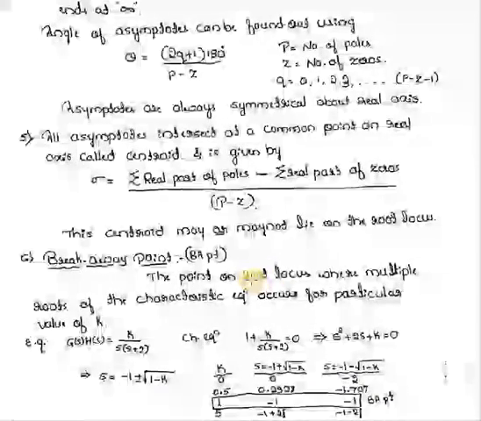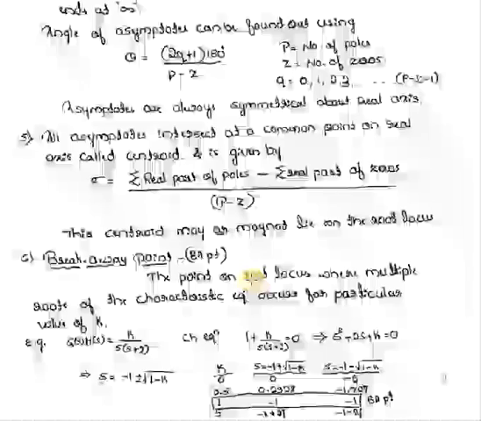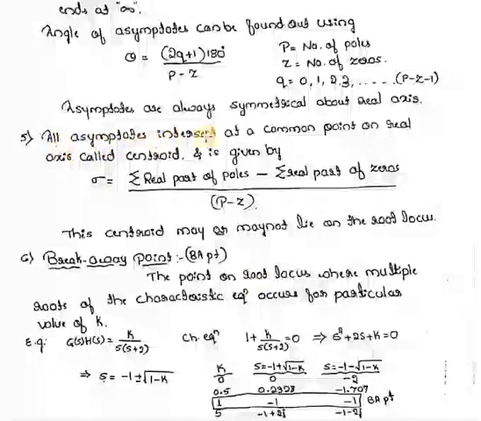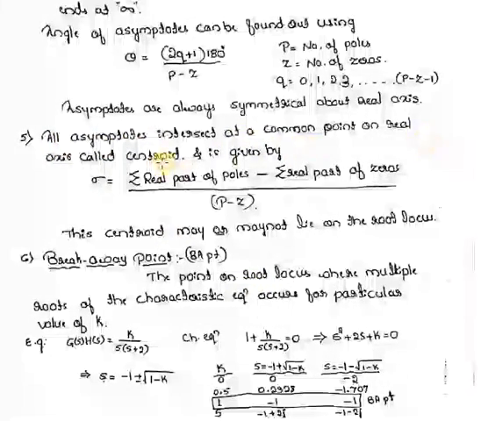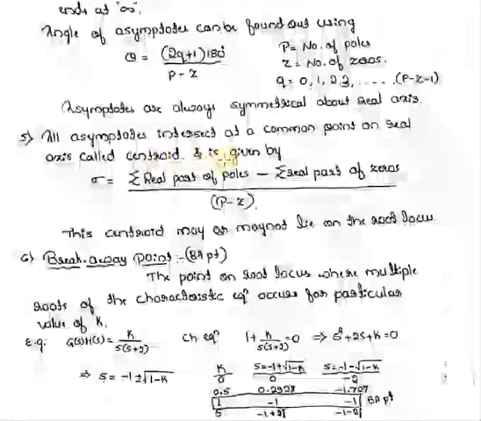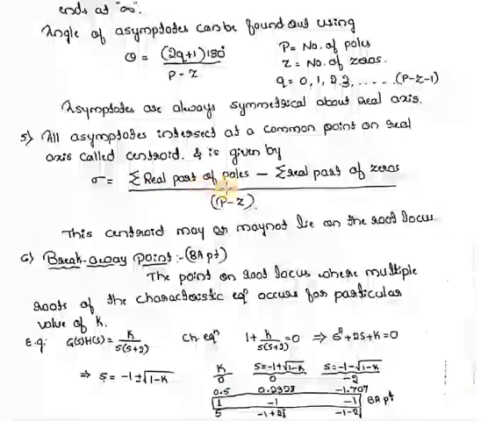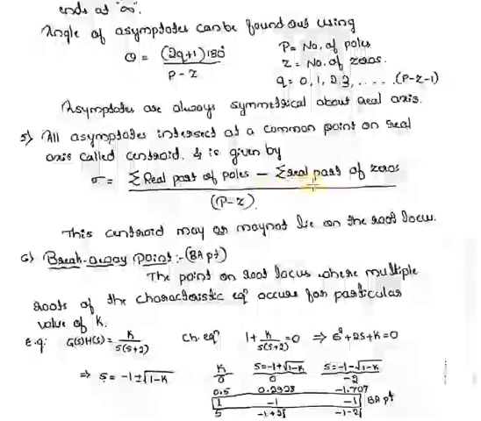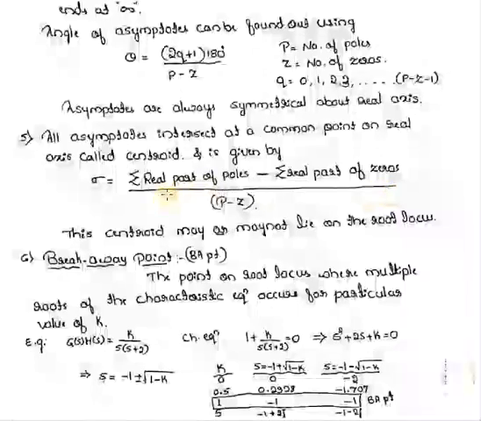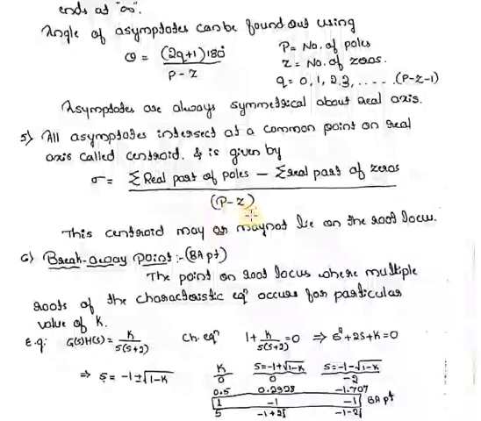Then the fifth one is to find the centroid of those asymptotes. All asymptotes intersect at a common point on the real axis called the centroid, and you can calculate it by using sigma equals the summation of real parts of poles minus the summation of real parts of zeros, divided by p minus z.